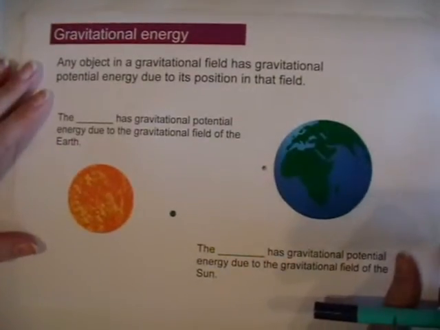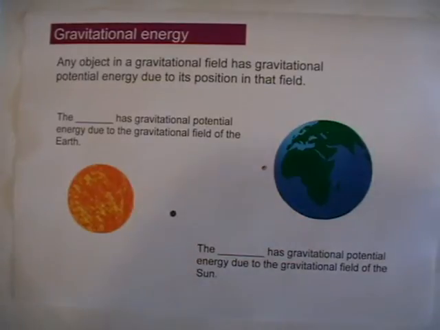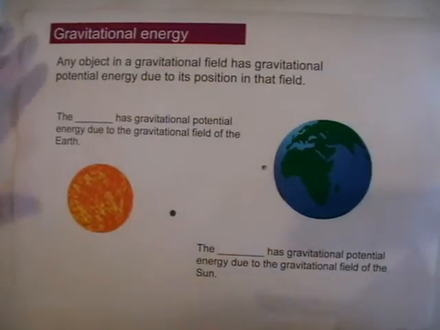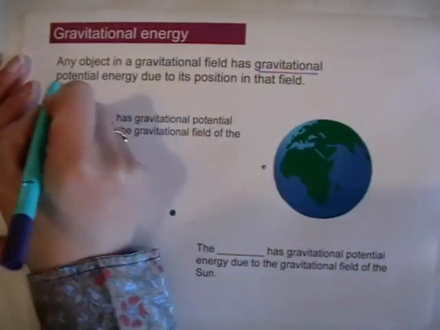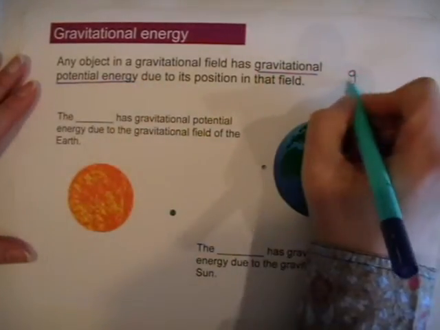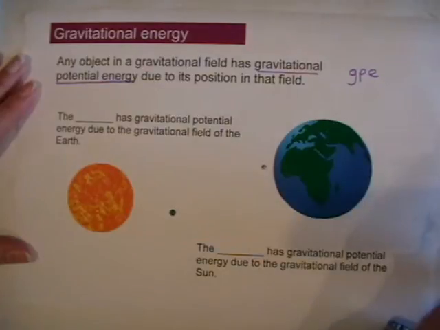The next one on our list is gravitational potential. These slides will give you an overview of what each one generally means. An object in a gravitational field has gravitational potential energy. We actually sometimes call it GPE for short, and that is due to its position in that field.